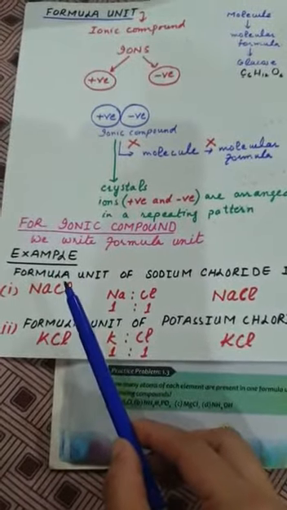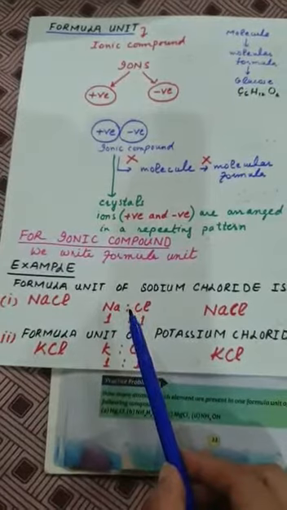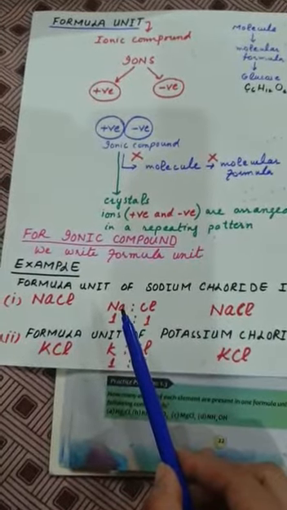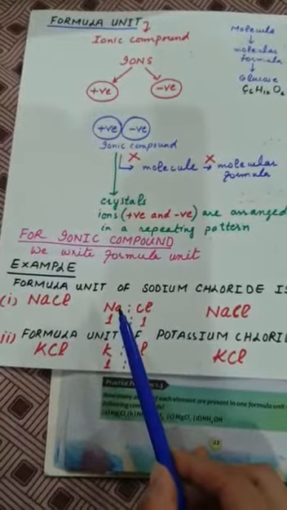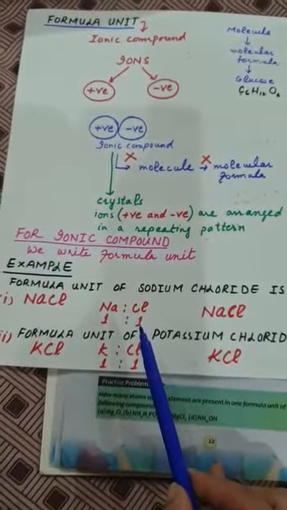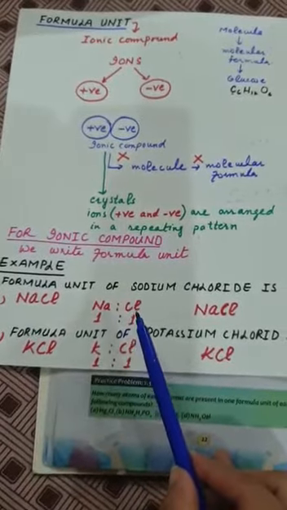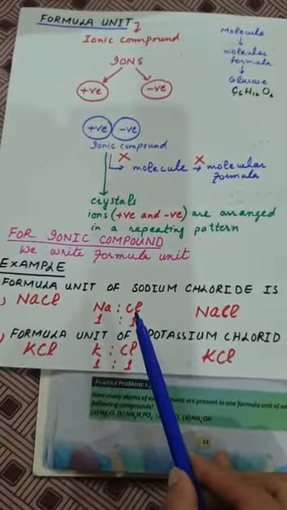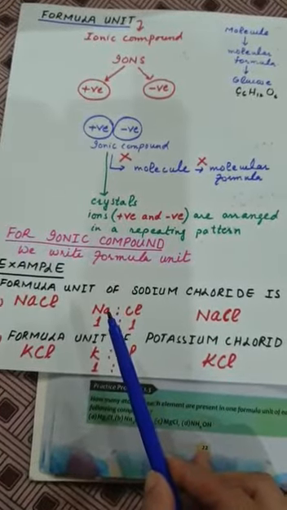The formula unit of sodium chloride is NaCl. In this formula you can see that one sodium ion and one chloride ion are present. So it indicates the simplest ratio of the ions present in the crystal structure.